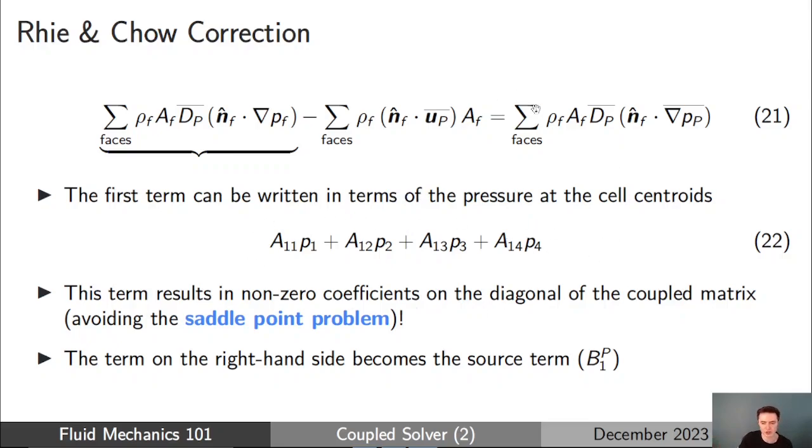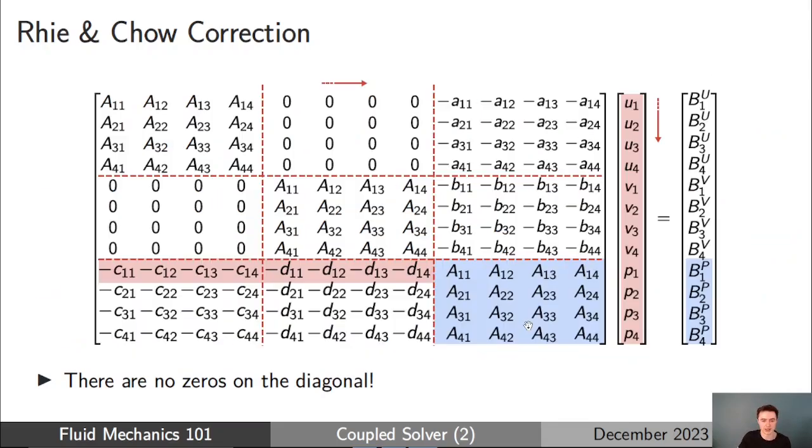That's really important. And then the terms on the right-hand side, they'll just be evaluated explicitly and become the source vector on the right-hand side. So when we go back to that coupled matrix system, we can see that the off-diagonal blocks here are the same as they were if we just used the continuity equation as it is. But then we've got the non-zero coefficients on the diagonal here, which are multiplied by P1, P2, P3, and P4.